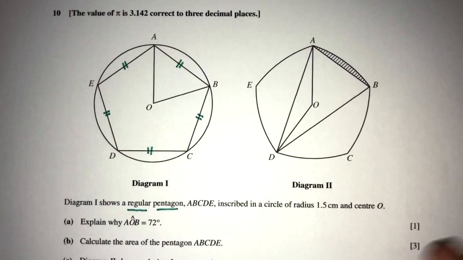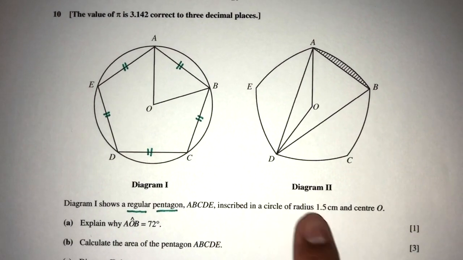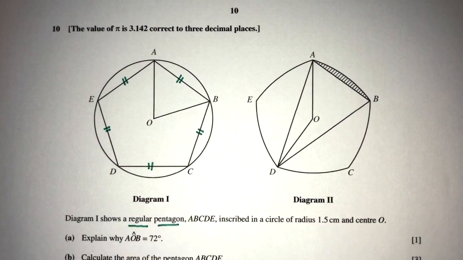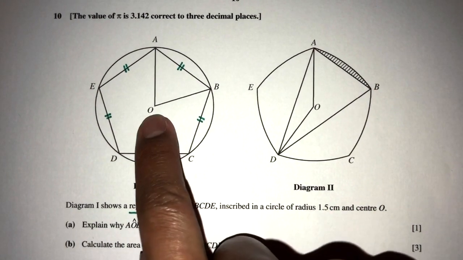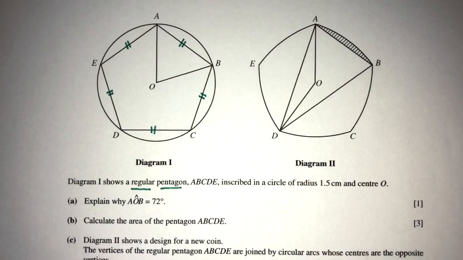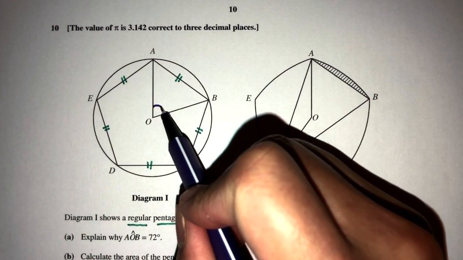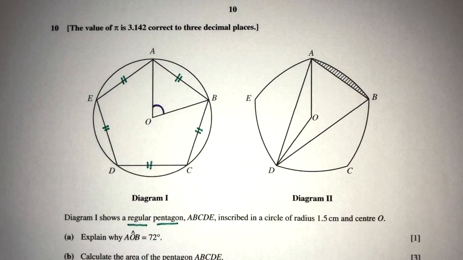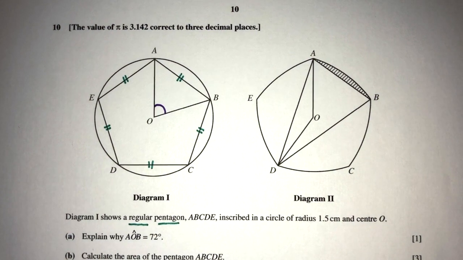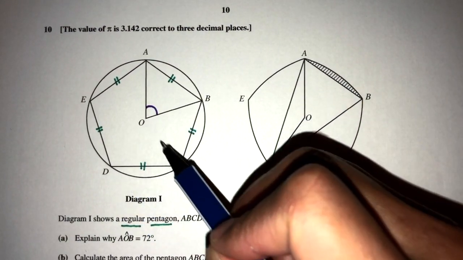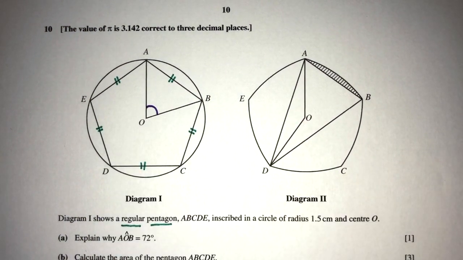Now, inscribed in a circle of radius 1.5, okay, so this is radius 1.5 right here, and center O is right here. Now, part 1, we have to explain why the angle AOB is 72 degrees. So this angle, why is it 72? Now, if you observe, if you were to connect all the dots, O to C, you will have 5 equal parts.